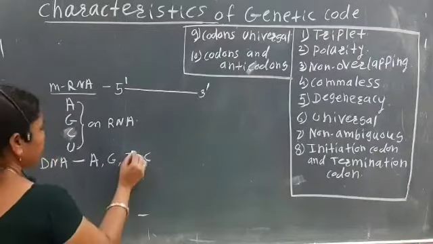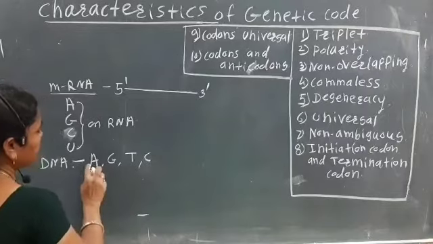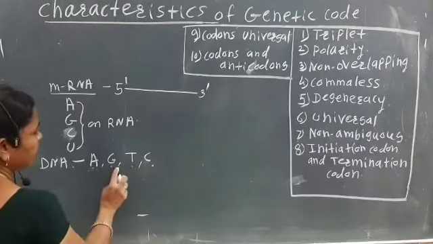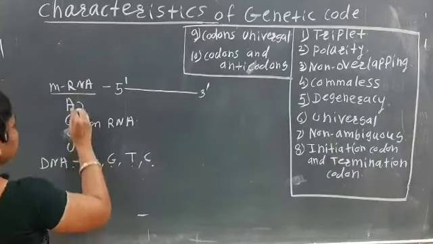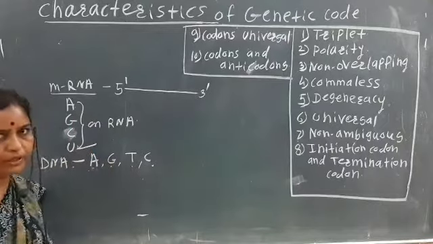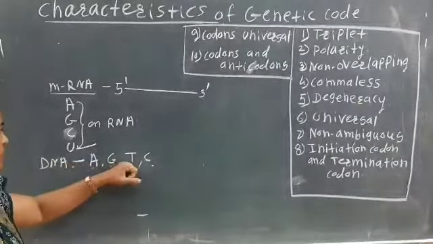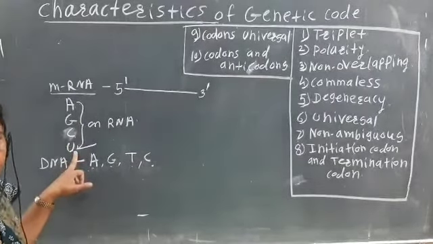Here in the DNA, the genetic code is read based on these 4 nucleotides: adenine, guanine, thymine and cytosine. While in RNA, there are adenine, guanine, cytosine and uracil. Here in the DNA, thymine is present. In RNA, thymine is replaced by uracil.